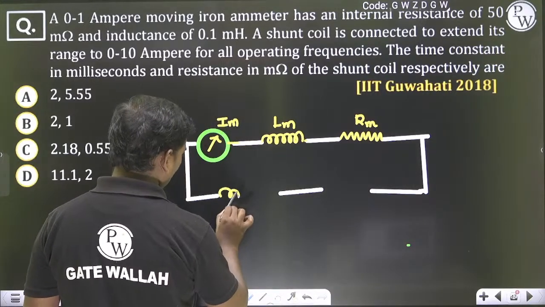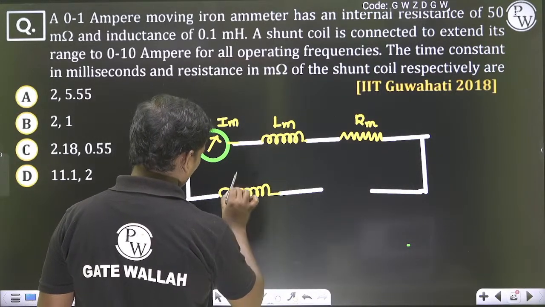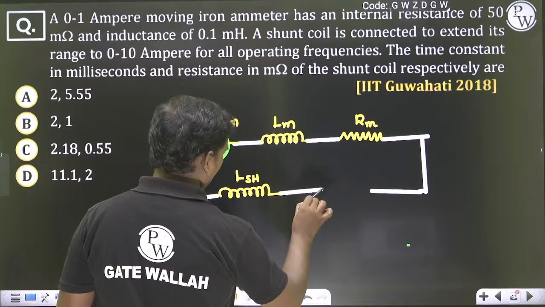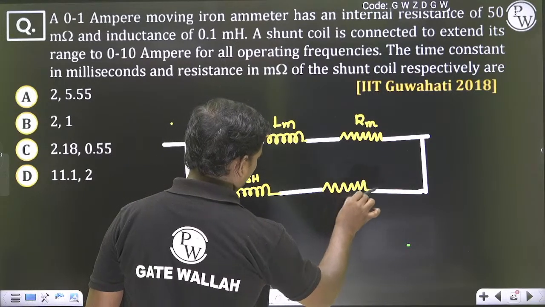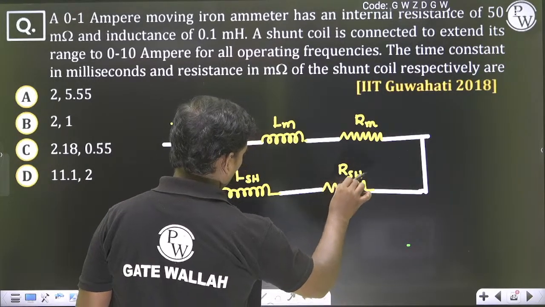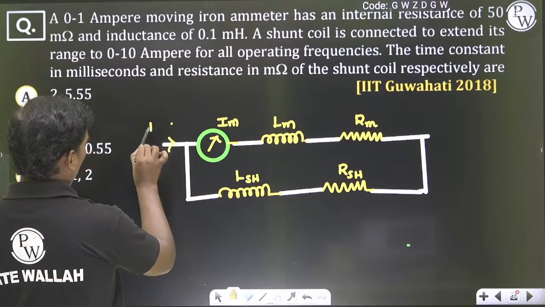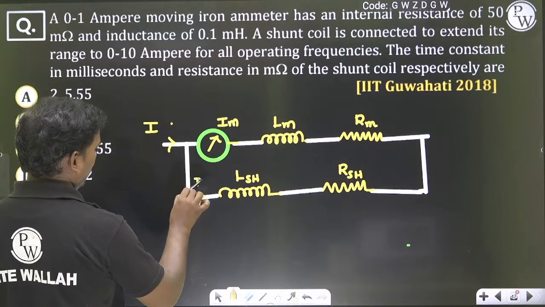This is LSH and this is RSH. This is our ISH.